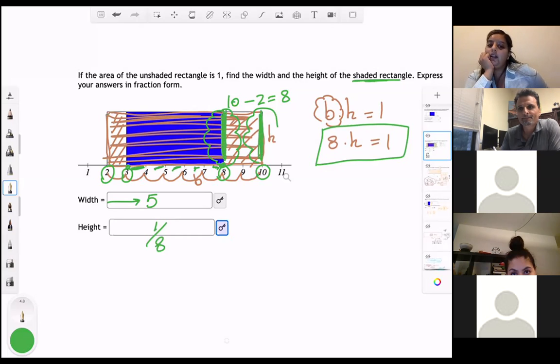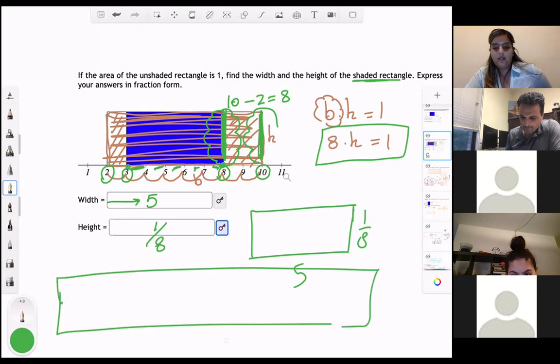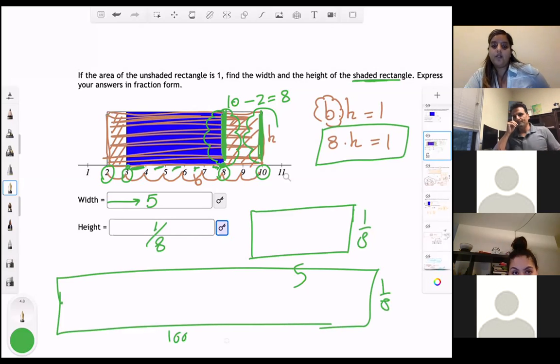Oh, okay. Yeah. So this is 5. The height is 1/8. Good. It's based off of the bigger. It doesn't matter. If we have a bigger rectangle like this, if this is 100, still this is 1/8. Okay. Very good.